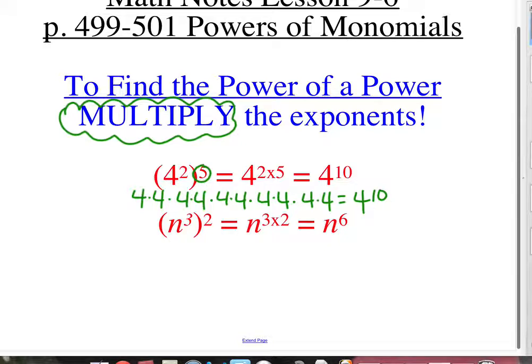Same thing down here. n to the third power, all being raised to the second power, which would mean here's n to the third power, that's one of them, but you have 2 of them. How many is that all together? 6 n's. So n to the 6th power, or n to the 3 times 2. So again, when an exponent has an exponent, you multiply the exponents.